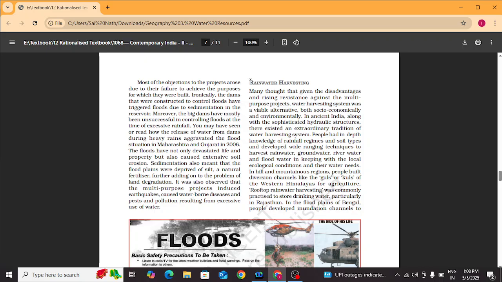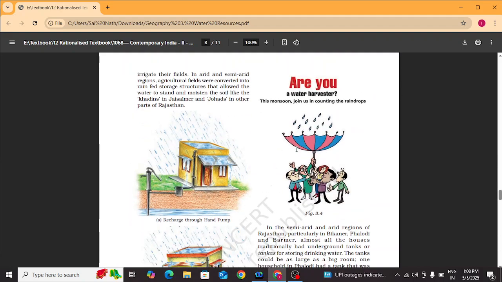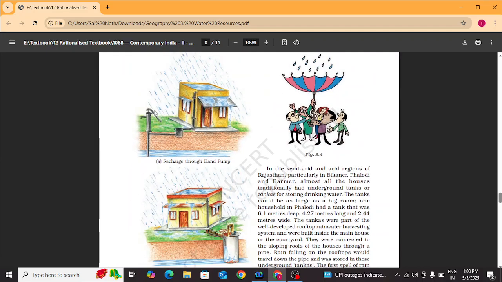Moving on, rainwater harvesting is also one of the good ways of getting fresh rainwater and using it for our uses, and it also conserves water and makes judicious use of our existing rainwater resources. Here, these images show two types of rainwater harvesting.